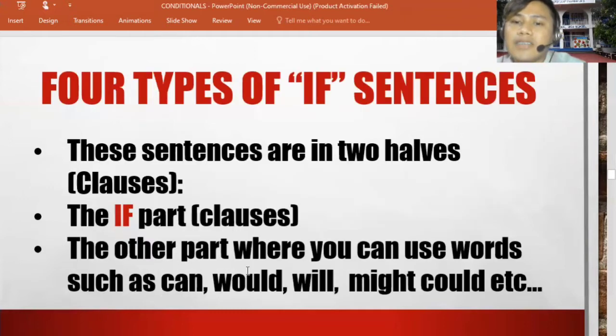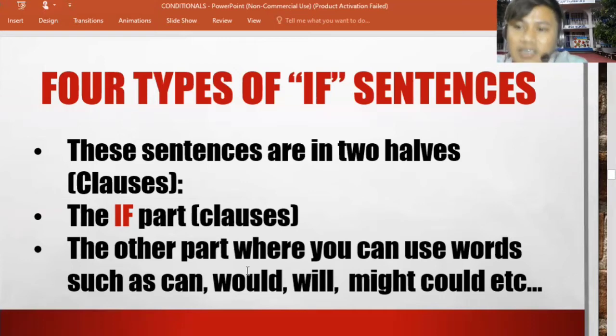All right, so there are 4 types of if sentences or if clauses. These sentences are in 2 halves, just like the first and third examples that you have encountered earlier. First is the if part of the clauses.